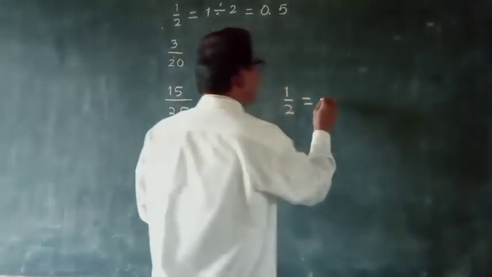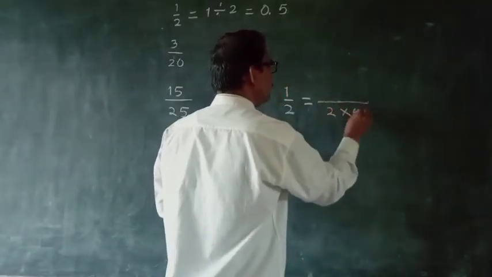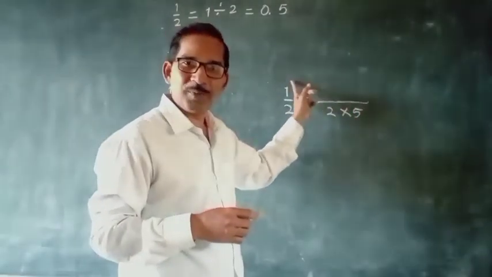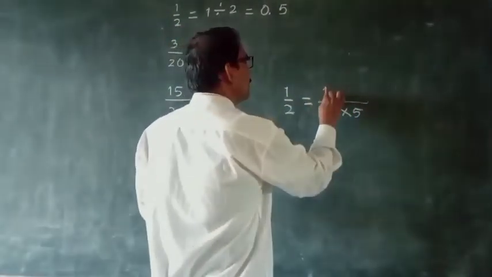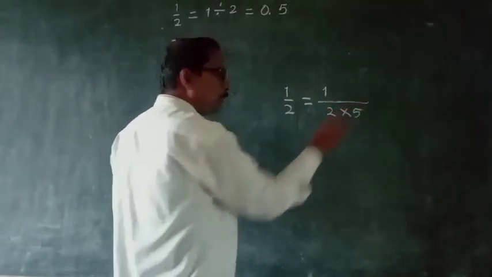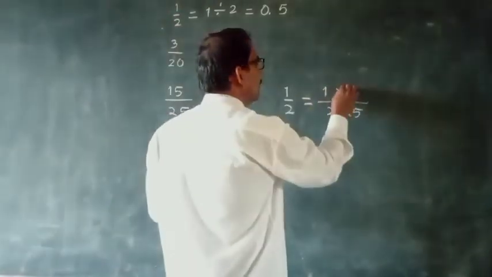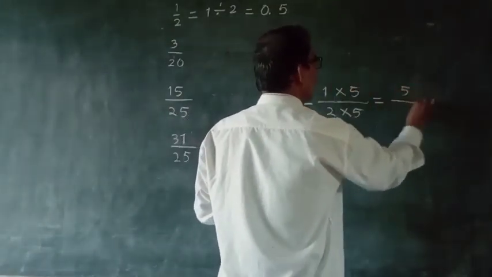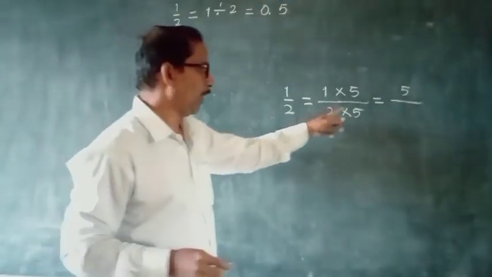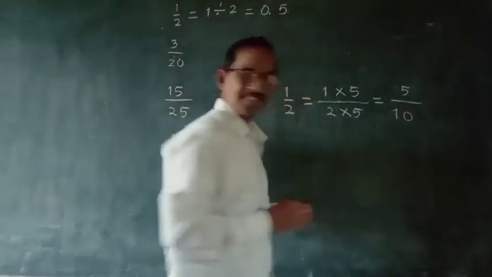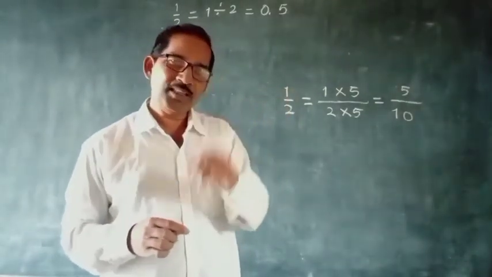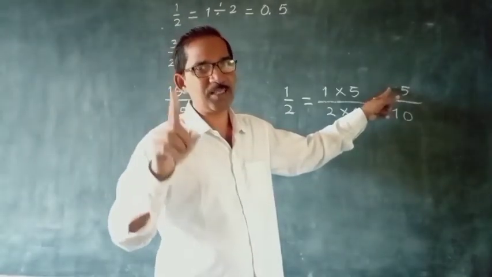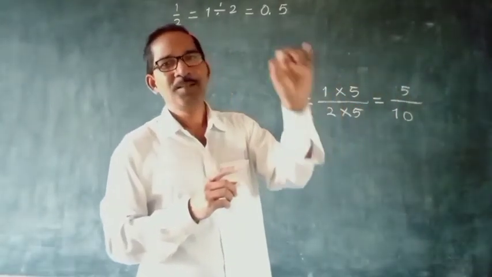So multiply 2 by 5, and the same number will be multiplied in the numerator. 1 times 5 is 5 on top and 2 times 5 is 10 below. 10 contains only one zero, so we put the decimal after one digit.